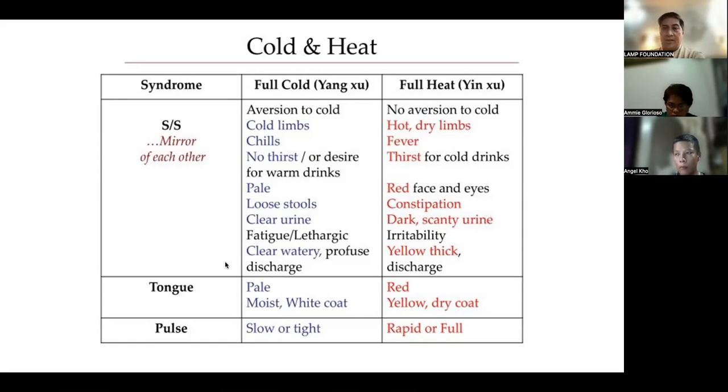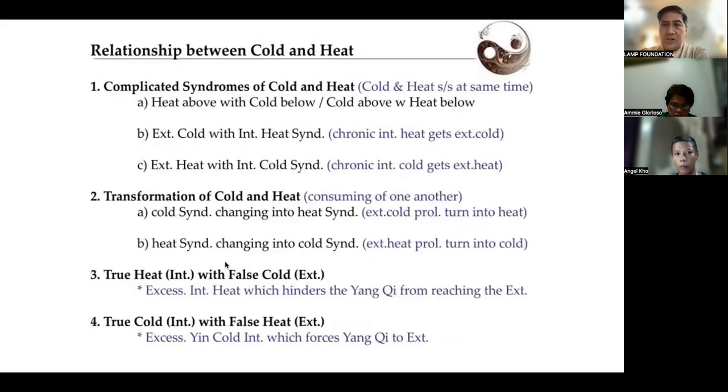Okay? Discharge, yung lumalabas. Red, yellow, dry coat. So in contrast to full cold, the tongue coating is dry here. So the pulse is rapid or full. Relationship between cold and heat. So we have complicated syndromes of cold and heat.